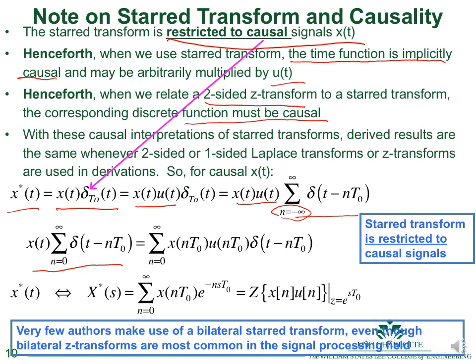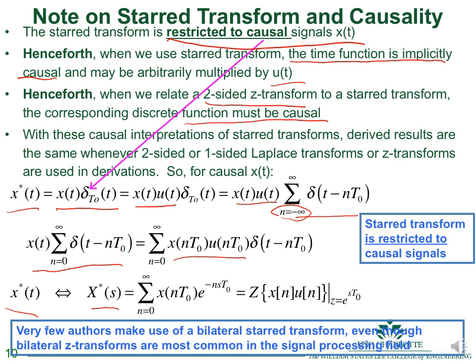And so we can rewrite this and incorporate the u of n's too. So again, the star transform, x star of t, the sampled signal in time, restricted to causal, of course, when I use star transform notation, gives a Laplace transform, x star of s, which is the sum from 0 to infinity of the samples times e to the minus n s t0, just a Laplace transform of the sampled signal.